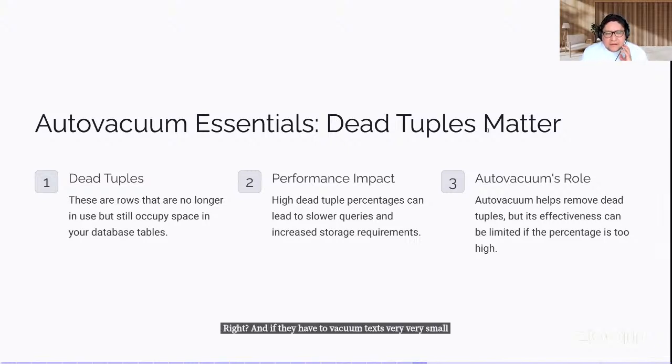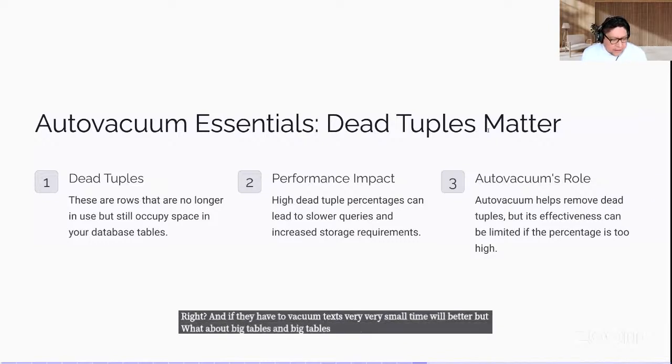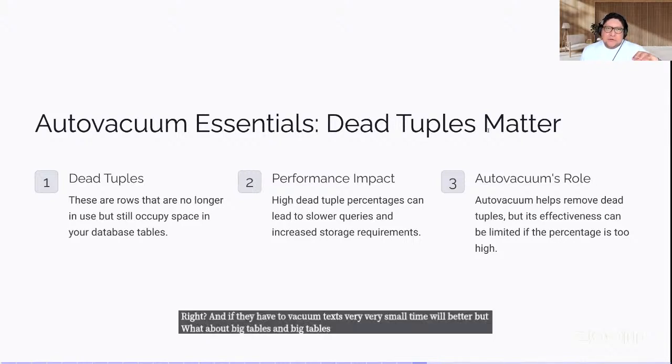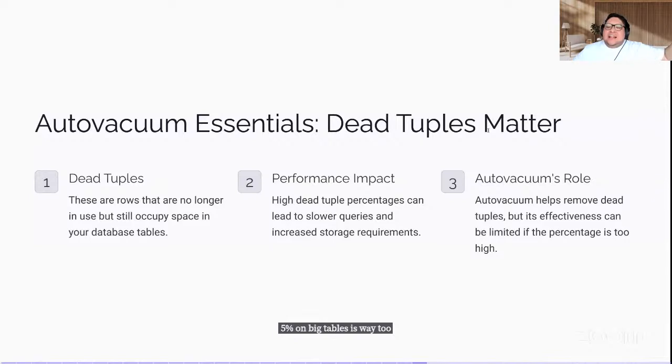But what about big tables? On big tables, 5% is way too much. It's a lot of modification, a lot of transactions, or a lot of movement.